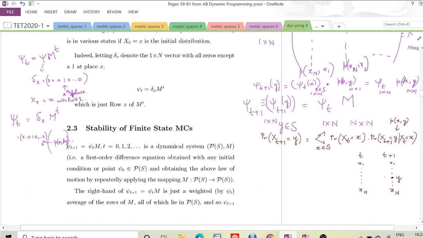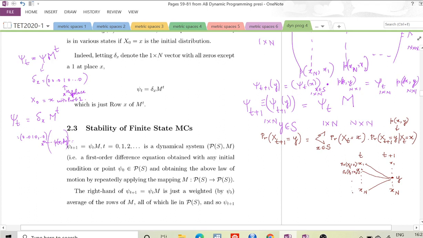So the y can be realized by a hop from any of these states, x1, x2, all the way through xn. And the marginal at time t had a certain probability, so you can just say, probability X_t is equal to x1, probability X_t is equal to x2, and so forth.